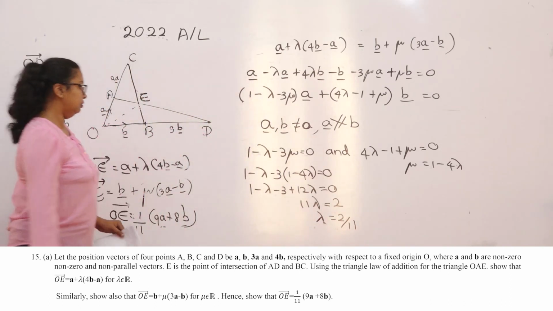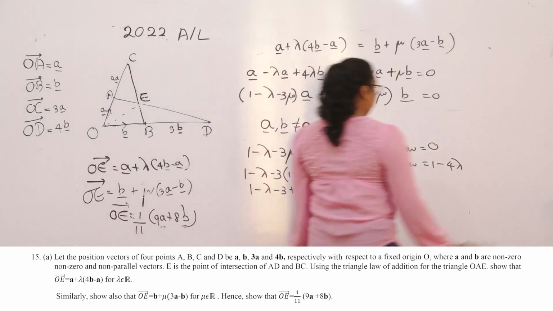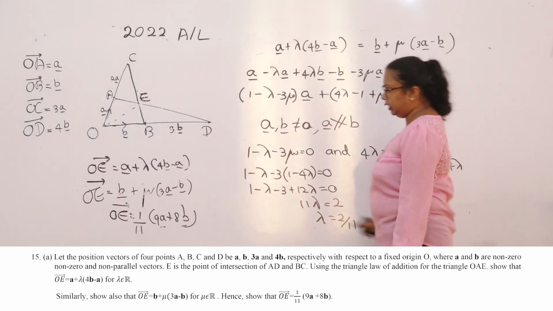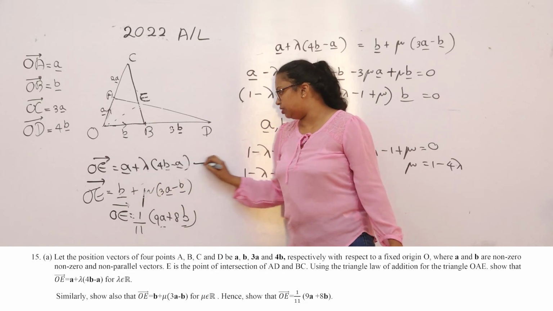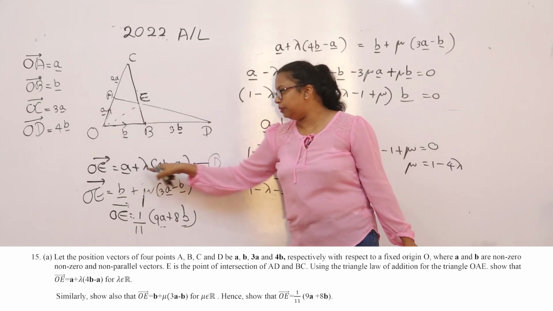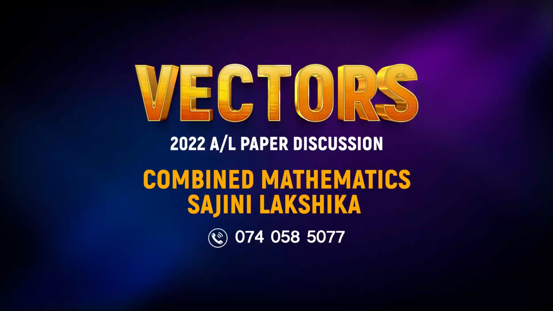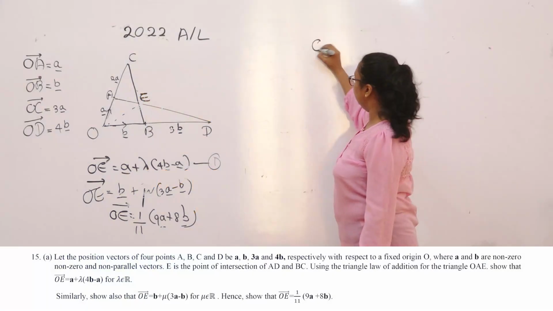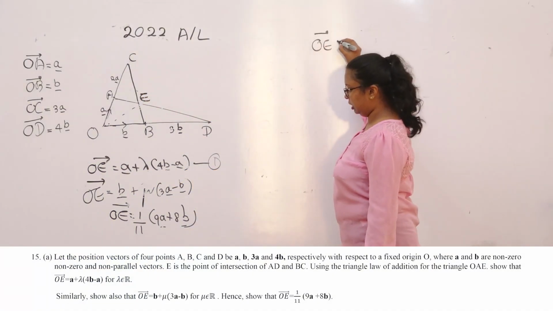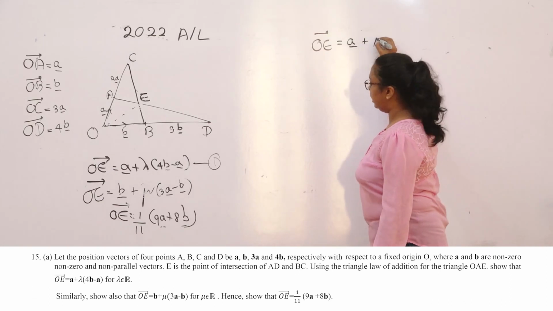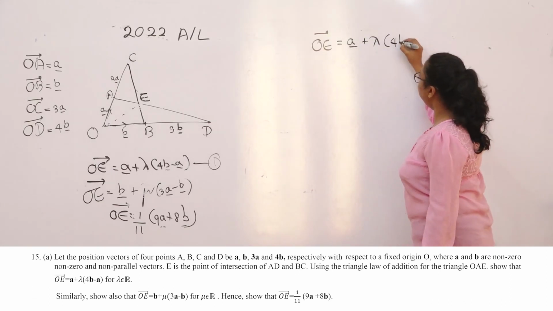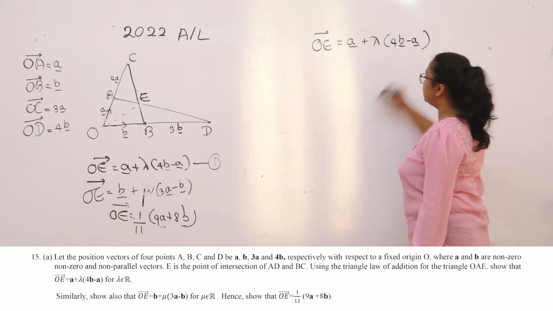Right? Now, after finding the value of lambda, we can substitute that in this first equation, OE is equal to A plus lambda times 4B minus A, and get the answer that we need. This is our first equation.